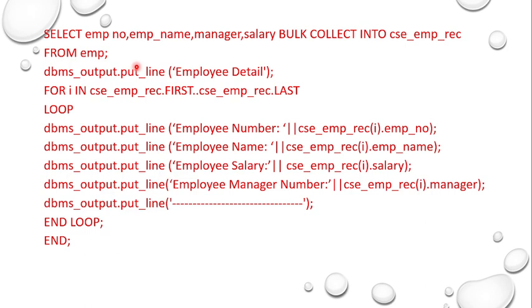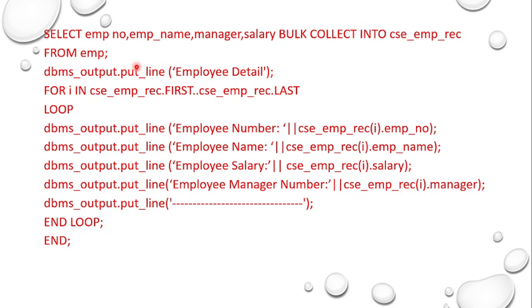For this, I'm writing the code with DBMS_OUTPUT.PUT_LINE of employee name, followed by the collection's record of I dot emp_name. Similarly, I fill in salary and all the fields here. At last, I complete the program with END LOOP and END.